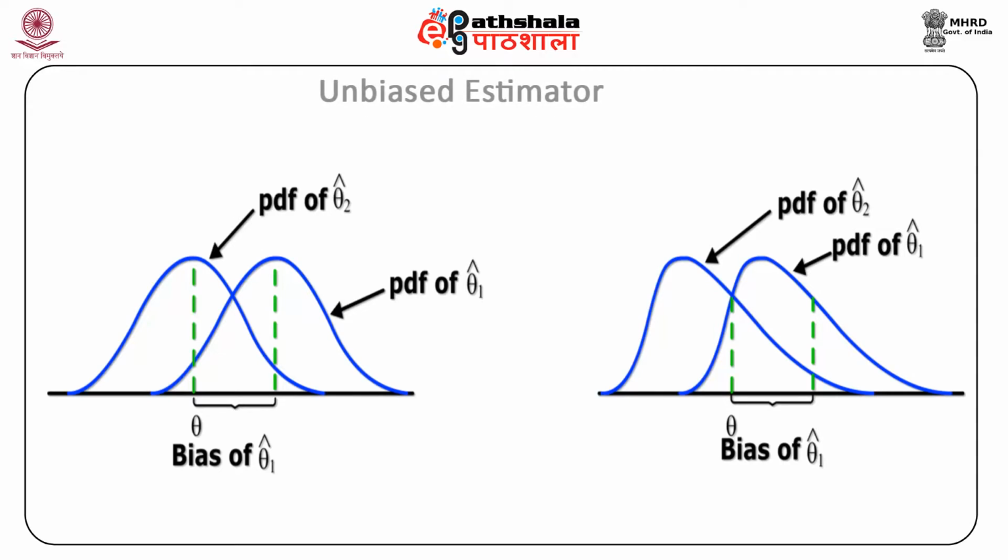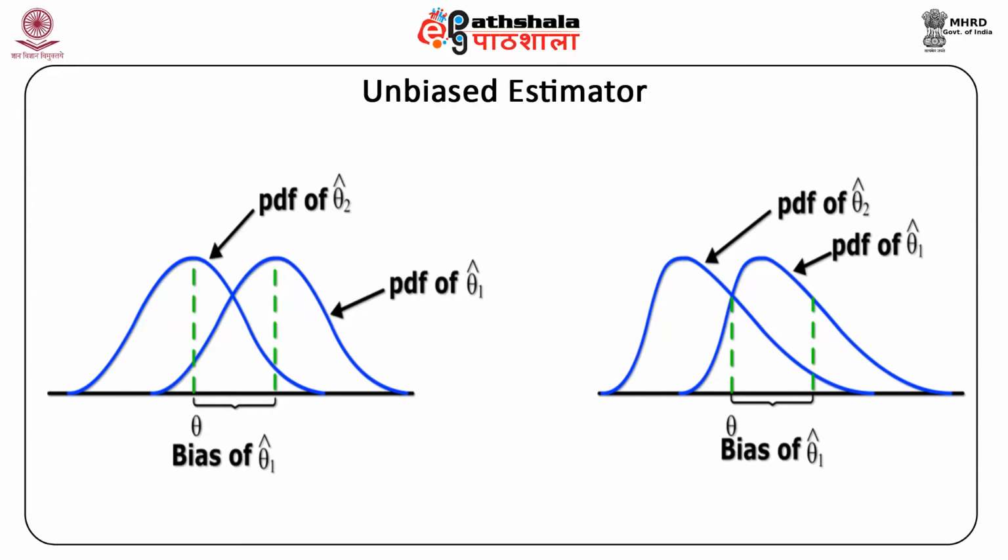In the figure, the left side of the diagram shows a symmetric distribution, whereas the right side of the diagram shows a skewed distribution. In both the diagrams, the expected value is equal to the true value of the population parameter.